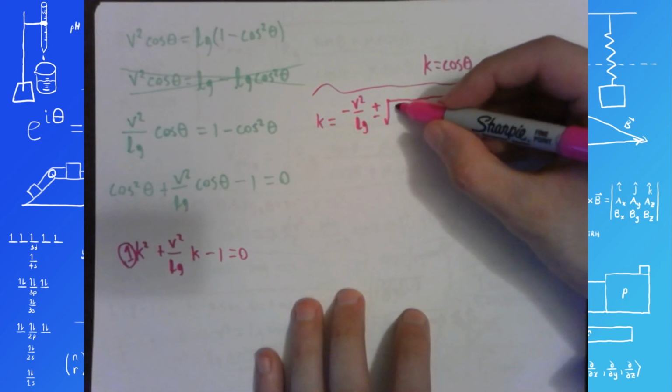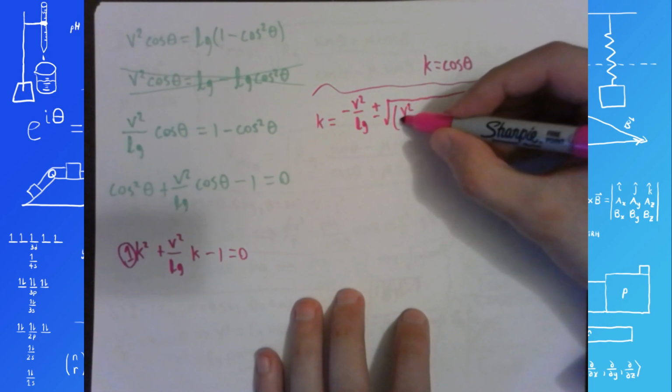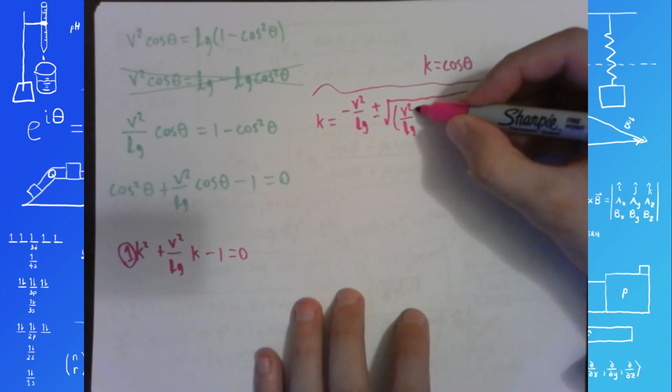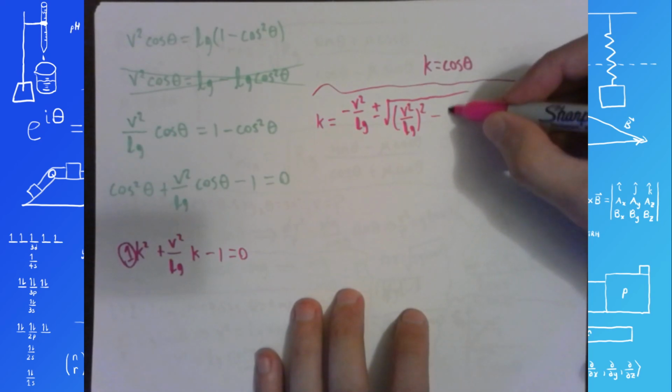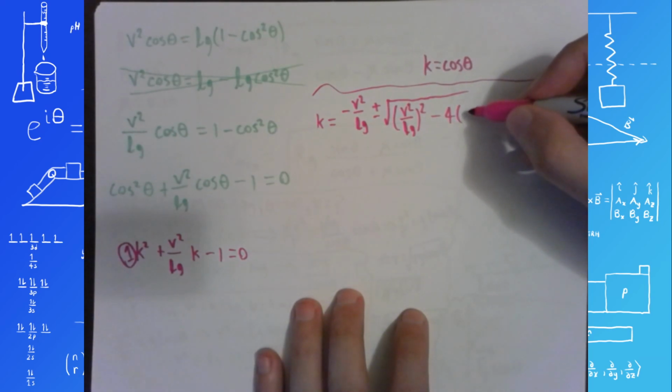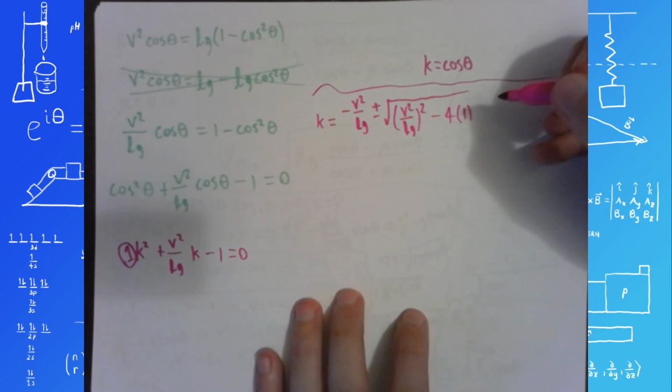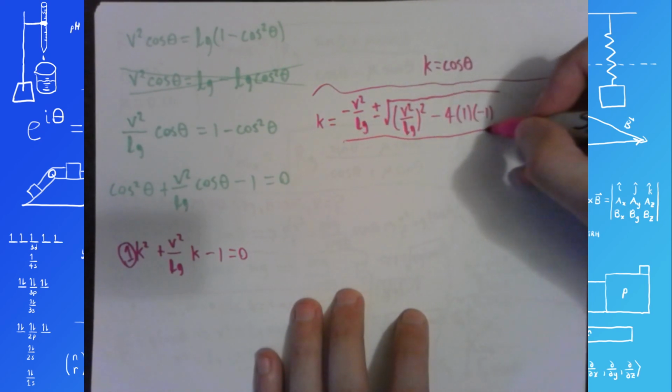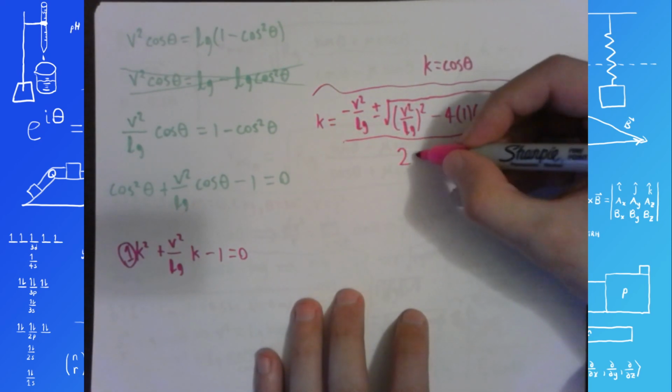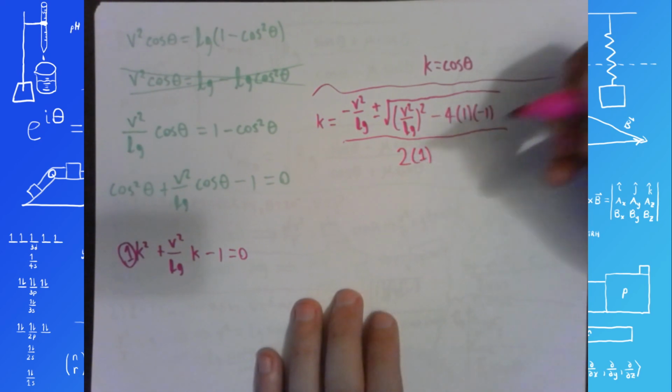So that's v squared over lg, squared, minus 4 times 1 times c, which is negative 1, and then all over 2a, all over 2 times 1.